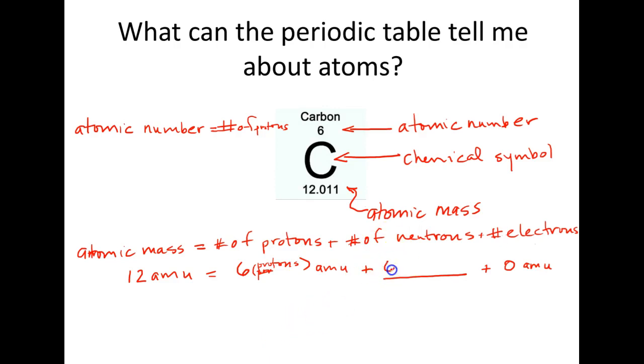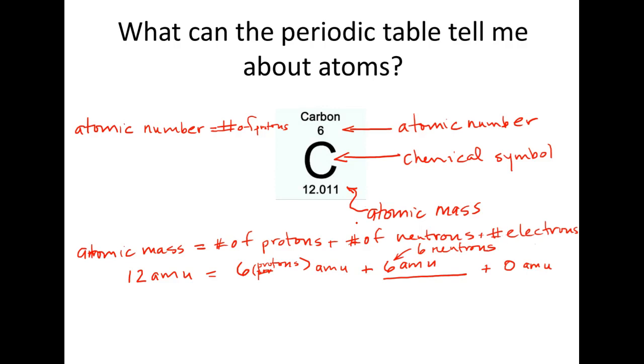I need another 6 AMU so that 6 plus 6 equals 12. Well, every neutron is 1 AMU, so I must have 6 neutrons. So the atomic mass is the only way that you can determine how many neutrons exist in your atom.